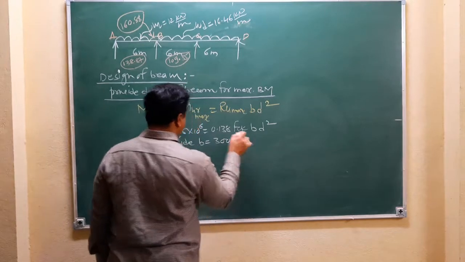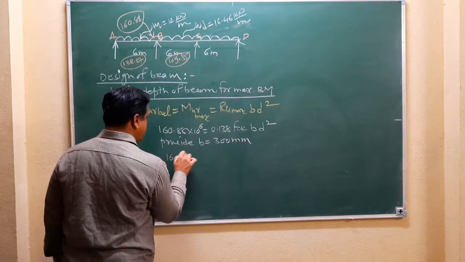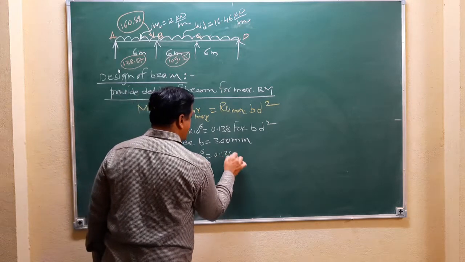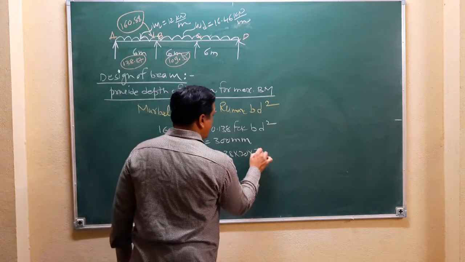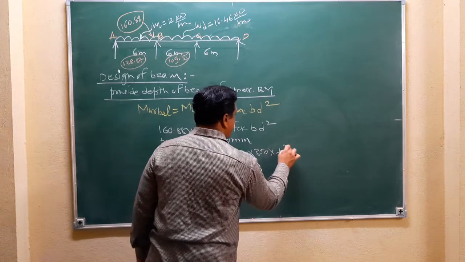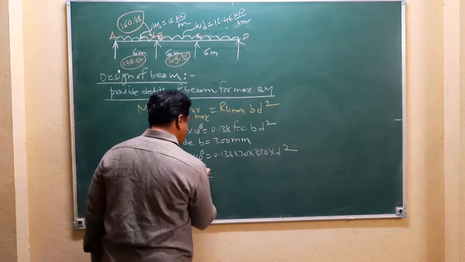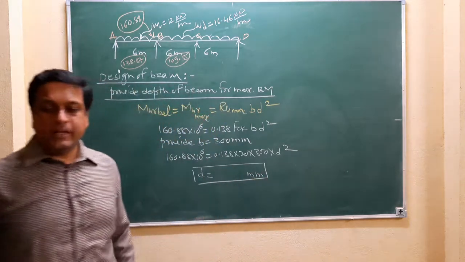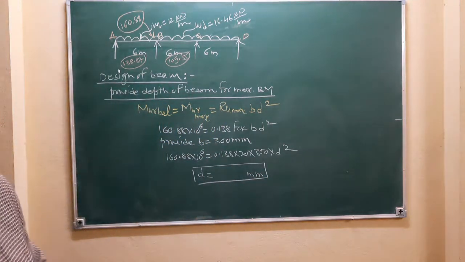So now what is the depth? 160.88 into 10 raised to 6, it is 0.138, fck is 20, and b of the section is 300. Now we find out the depth. What is the depth of the section for the maximum bending moment?